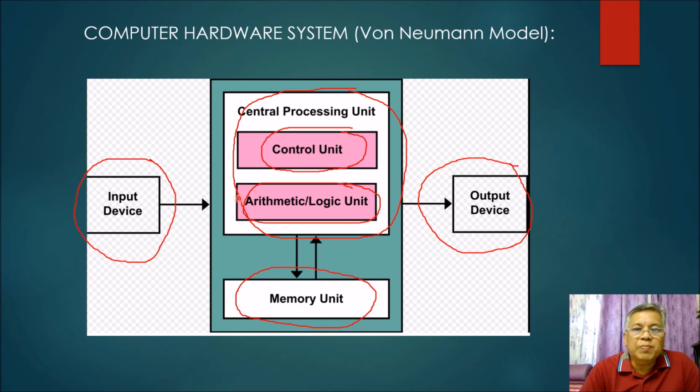Okay, and that particular operation, or the data, will be transmitted towards your memory unit, and part of the data from your memory unit will be transmitted back to your arithmetic logic unit or your control unit, depending on the instruction set. And then the data from your central processing unit will now be transmitted towards your output device.